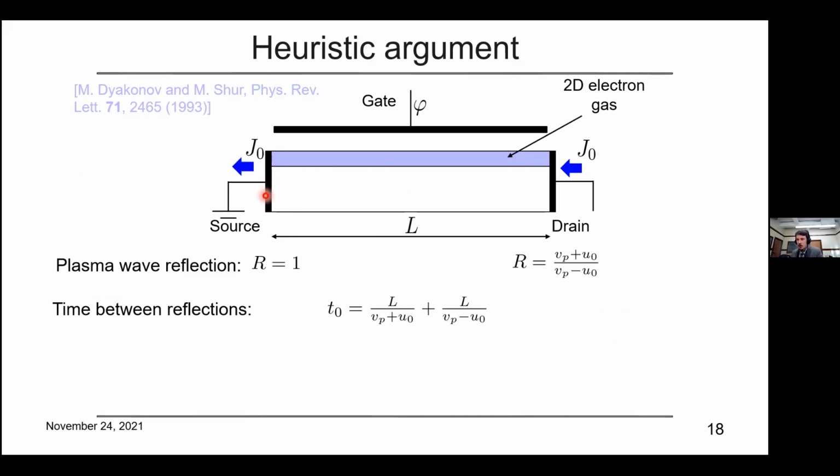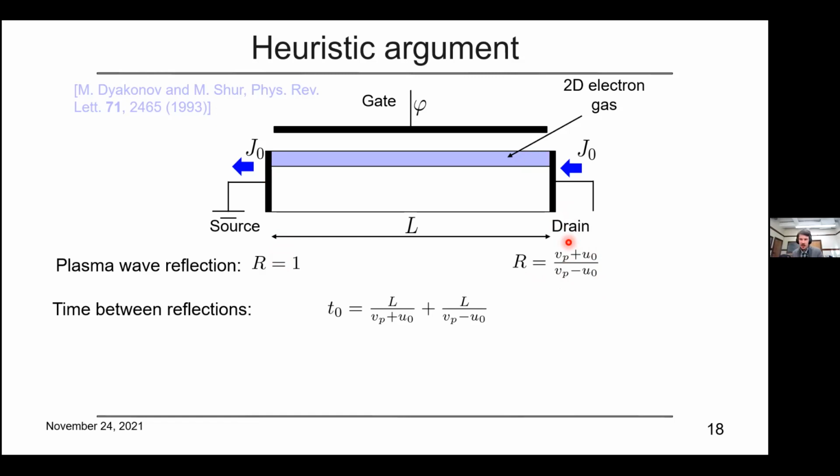The left-hand side, where we have vanishing potential deviations, is essentially an ideal mirror with a unity reflection coefficient. The right-hand side, where we have vanishing current oscillations, is essentially a mirror with a non-unity reflection coefficient which depends on the difference of velocities.